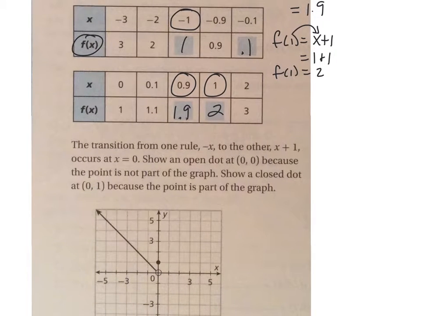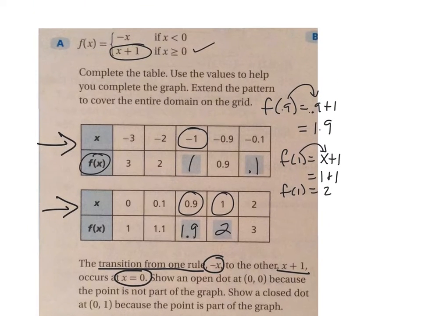Now notice what it says here. It says the transition from one rule, which was negative x, that's this top one, to the other rule of x plus 1, that's this one, occurs at 0. Well, what do they mean by that? Well, if you look here, this one says everything applies as long as the x's are less than 0.